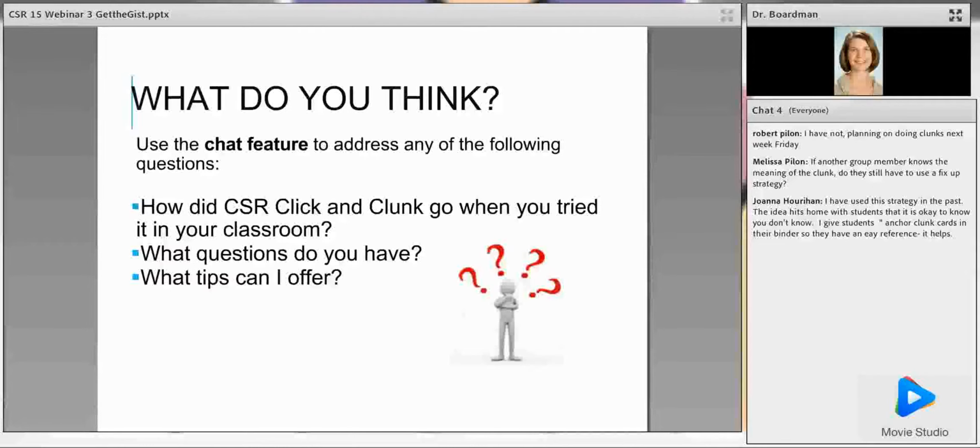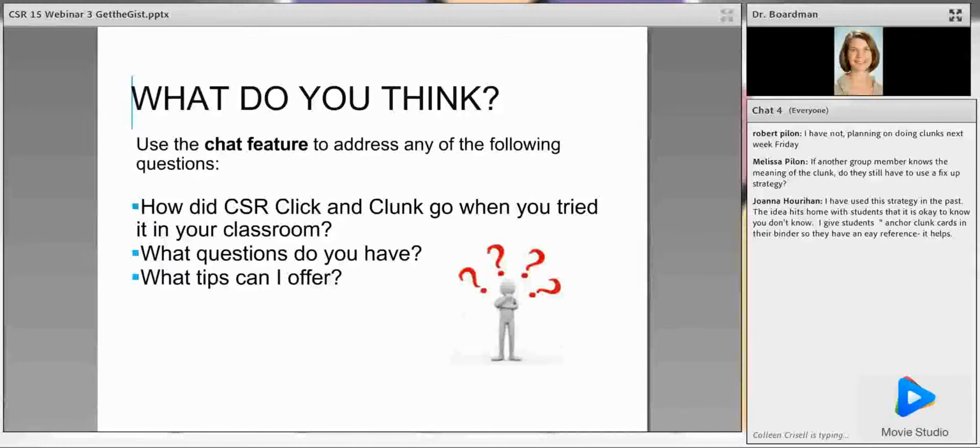And if somebody else knows the meaning, then they can share it. And then they make a definition, make sure that everybody has a shared definition, and then they put it back into that sentence to make sure the definition makes sense.